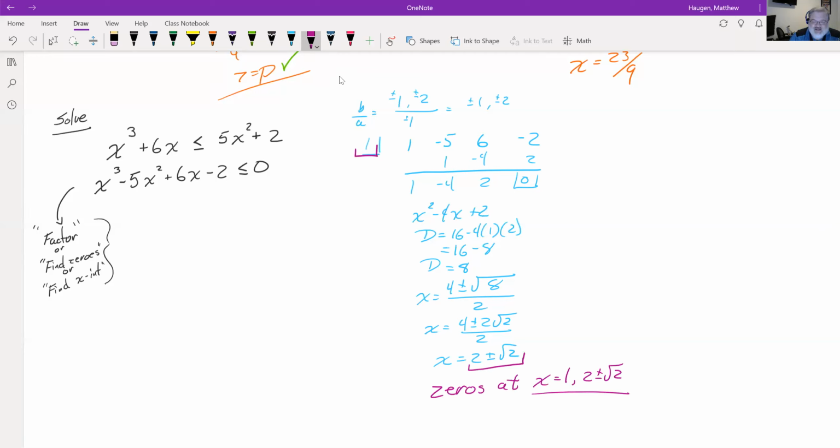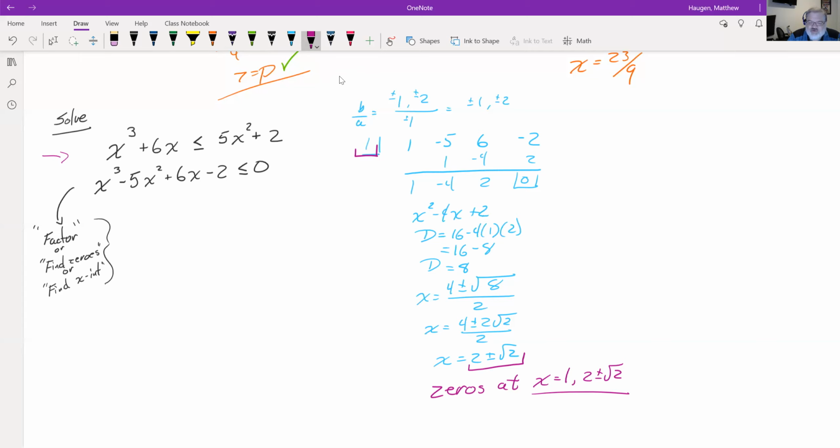Now, that's not the solution set to this problem. That's where the function is equal to 0. So actually, since we wanted less than or equal to, those are our equal to's. So they are 3 solutions to the problem. But it's an inequality. There are infinitely many solutions to this problem.